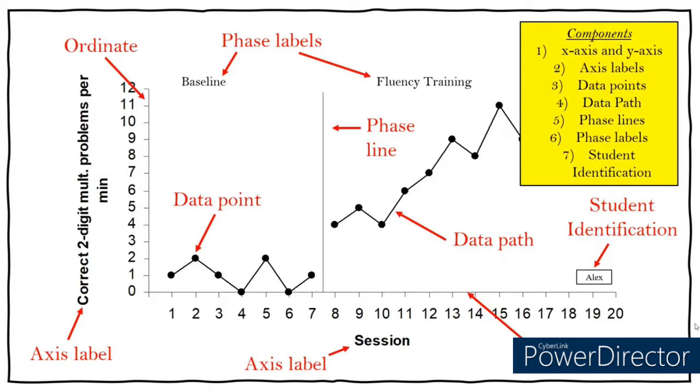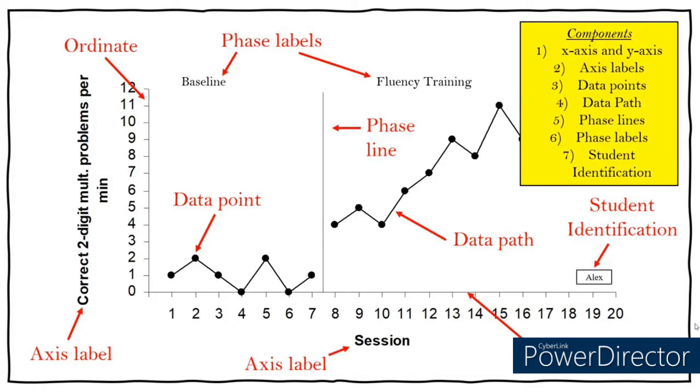You put a phase line in to demonstrate that you're implementing a treatment or an intervention, and then you see what happens to behavior after you implement the treatment or during the treatment, and that would be your treatment condition.